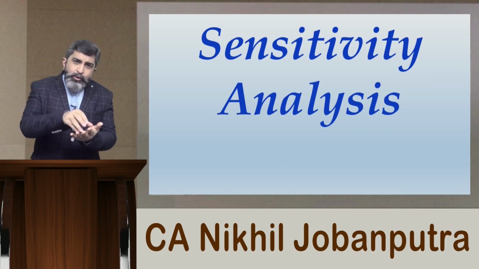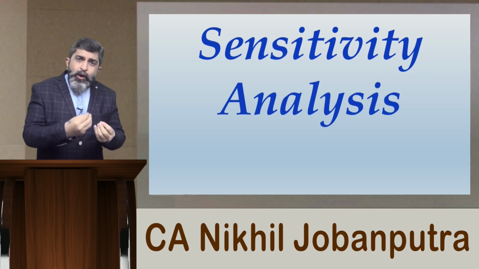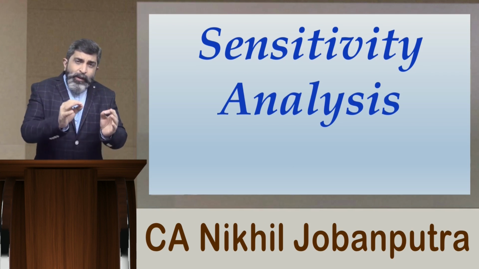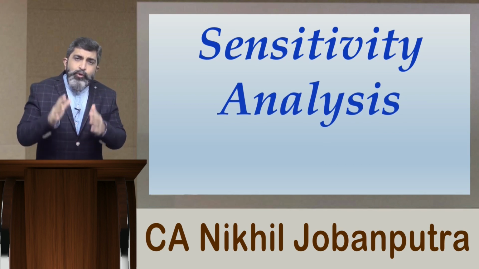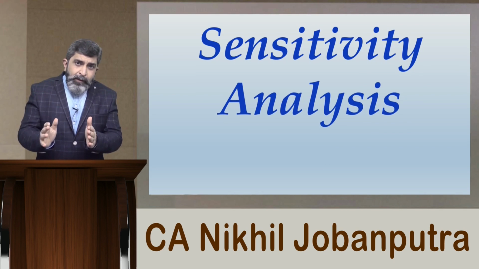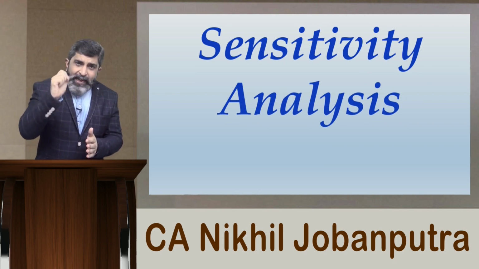Suppose when you are computing the NPV of a project, you are estimating cash flows of 10 lakhs every year. A question may arise: what if the cash flows are not 10 lakhs but 9 lakhs? So you first compute the NPV on the basis of the original estimate of 10 lakhs.